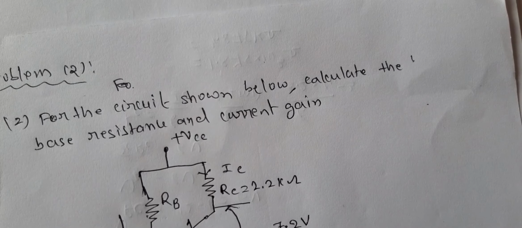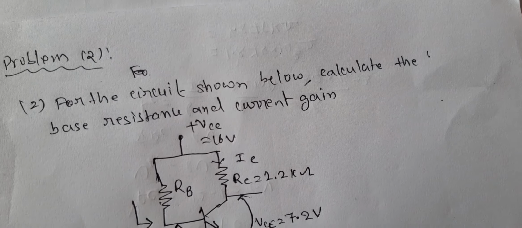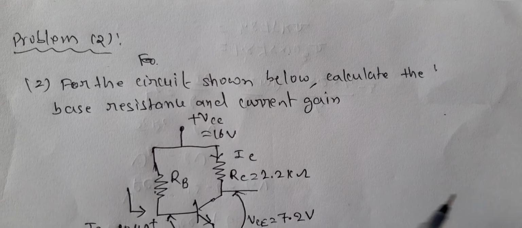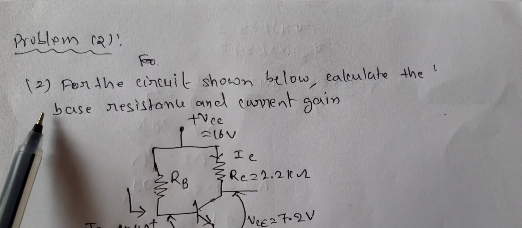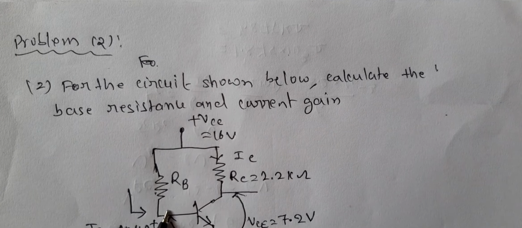Here the supply voltage is 16 volts, given. Calculate for the circuit shown below the base resistance, that is RB, and current gain, that is beta. So beta is equal to how much?